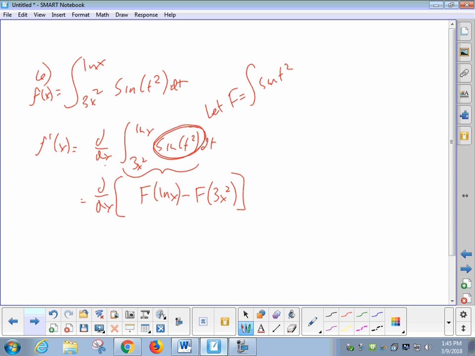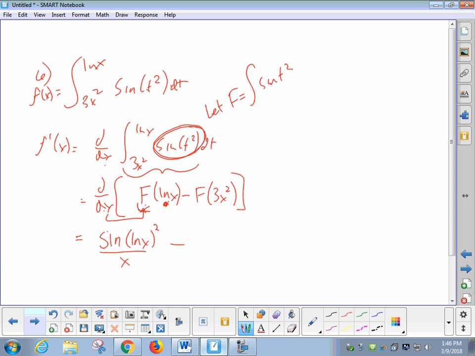After I had done the integral part, then I could take my derivative. Now the answer to the question, when I take the derivative of this guy, the first part is going to be a chain rule. The first part is the derivative of the antiderivative with this in it. Well, the derivative of the antiderivative is right back to the original function. But what is in it instead of a t is then by chain rule, after I took the derivative of the outside, I would then take the derivative of the inside.